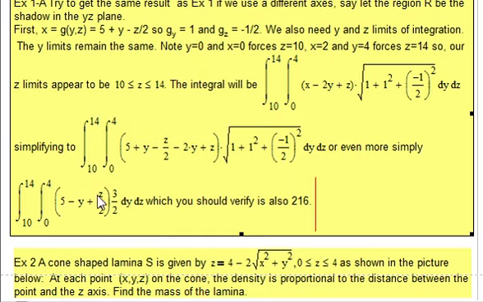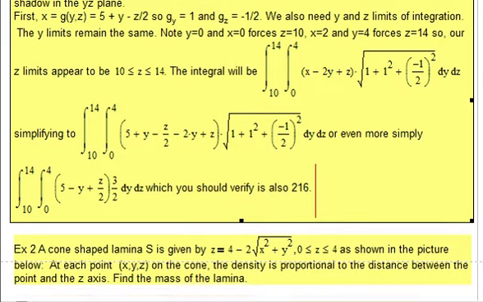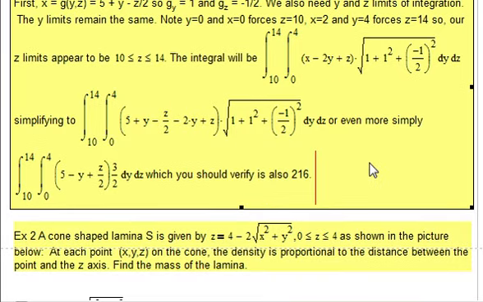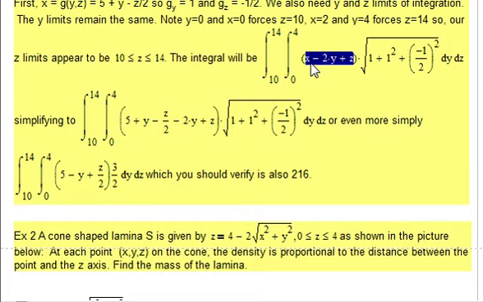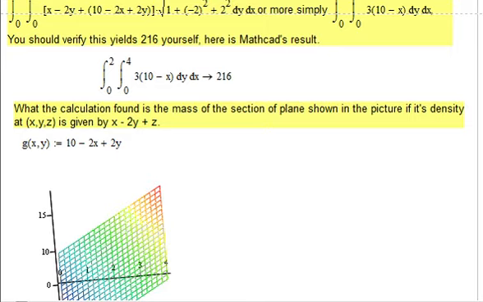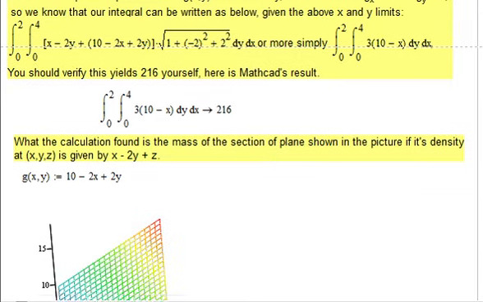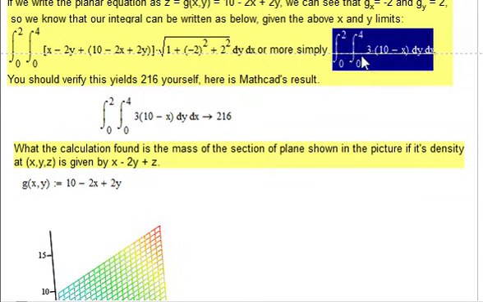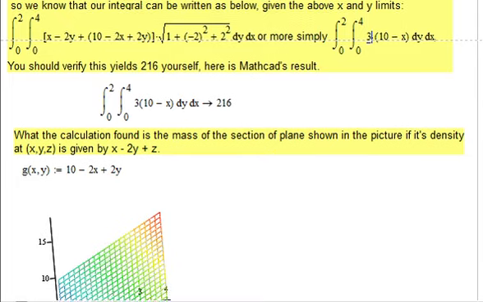and this is just strictly a very simple polynomial integration, and I'll leave it to the interested reader to verify that this is also 216. It's kind of like the mass of this surface over, which is a plane, over this interval really, but now we've changed and used a different variable.